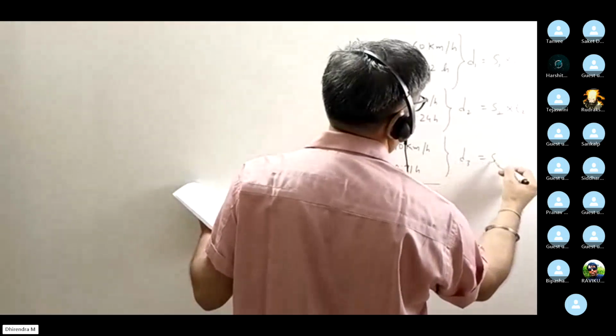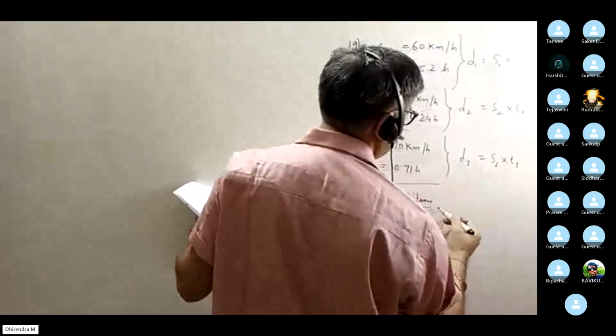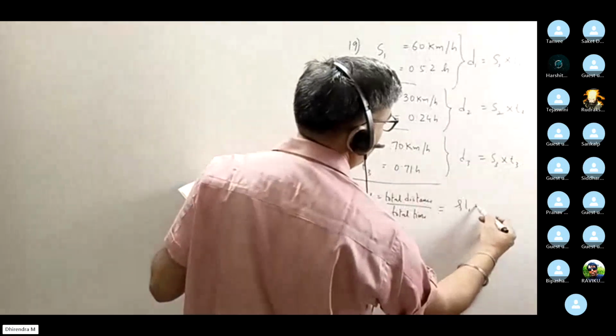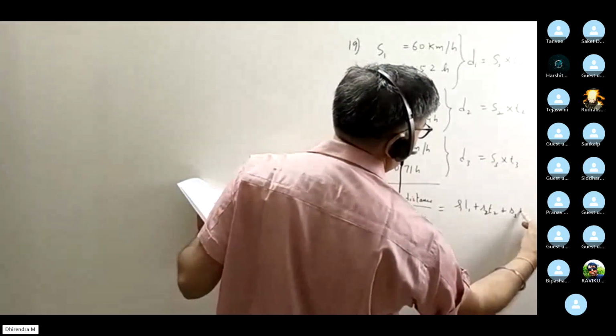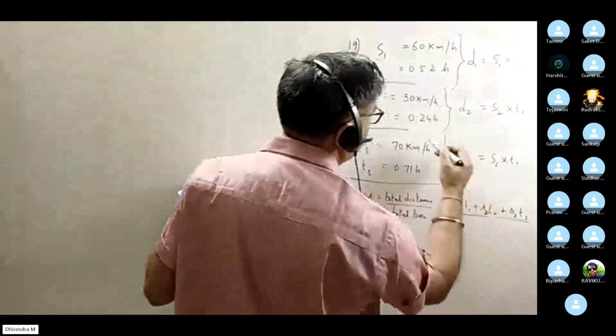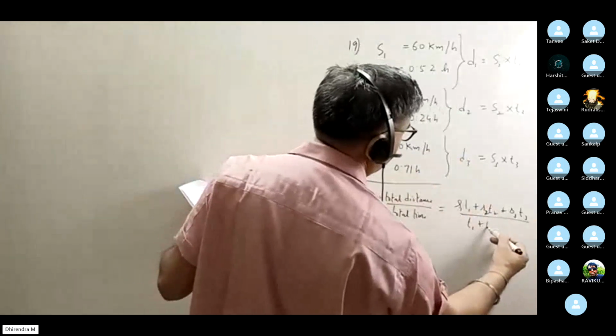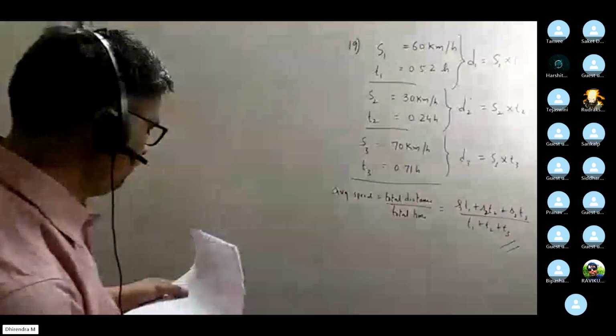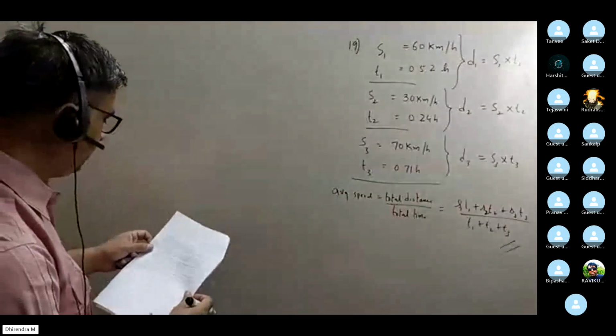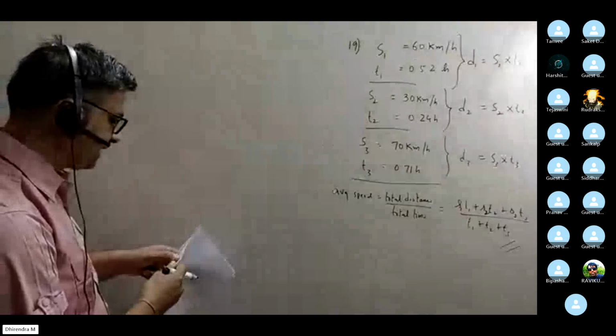D2 is S2 into T2, and D3 is equal to S3 into T3. So this will be S1 T1 plus S2 T2 plus S3 T3. You all agree? And the total time is T1 plus T2 plus T3. Solve this with class 6 algebra and you will be able to get it.